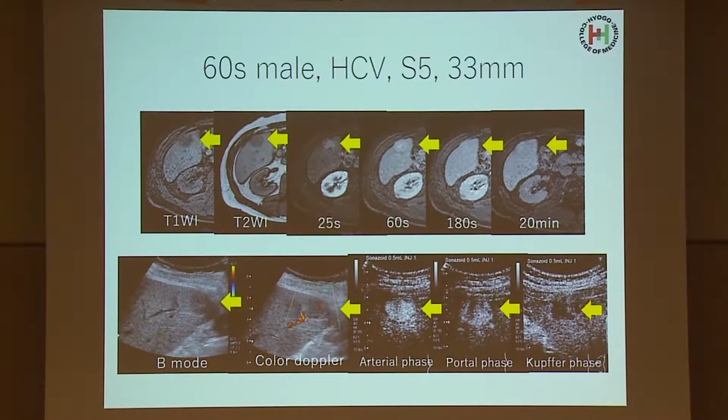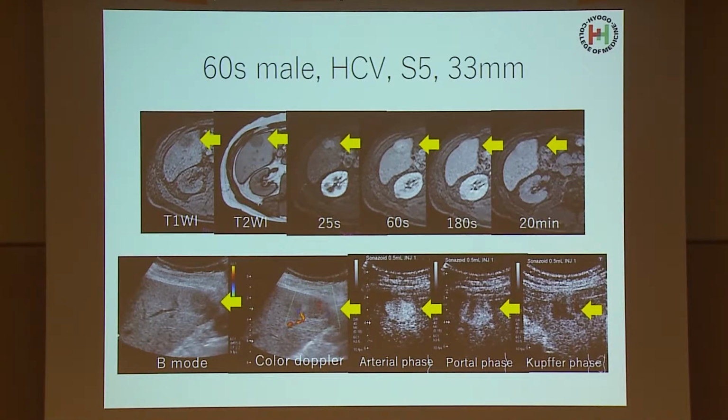This is a typical imaging of a 33 mm HCC located in segment 5 by EOB MRI and CEUS. In the dynamic study of EOB MRI, this nodule was detected as a hypervascular nodule without washout and iso-intensity on the hepatobiliary phase.